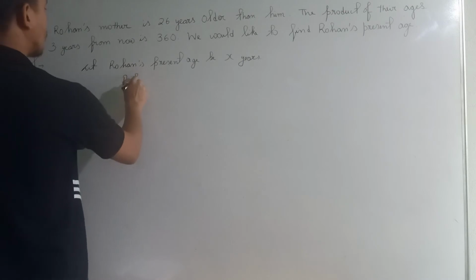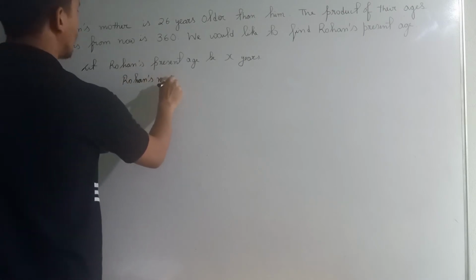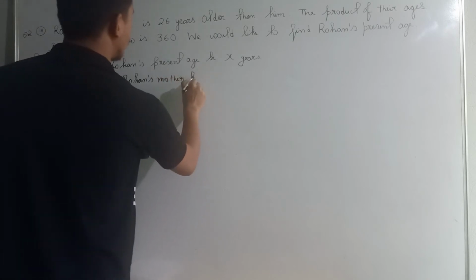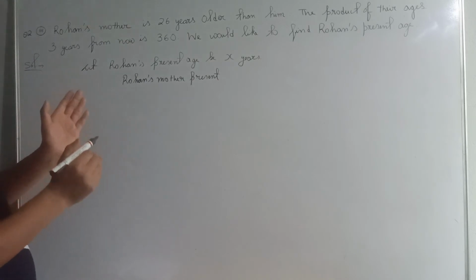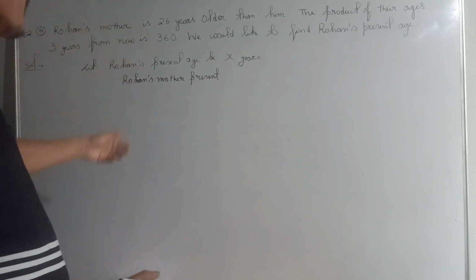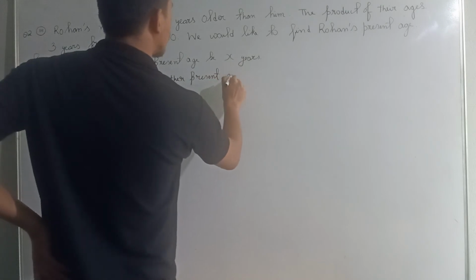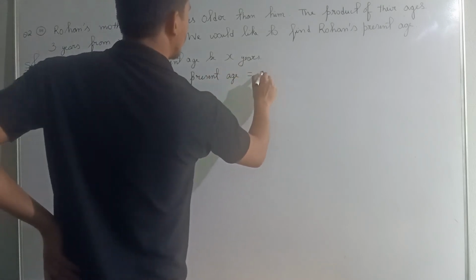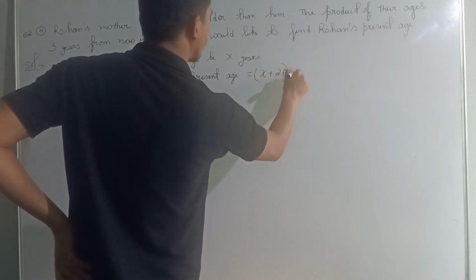Rohan's mother's present age, because the question says currently Rohan's mother is 26 years older than Rohan. So Rohan's mother's present age is going to be X plus 26 years old.